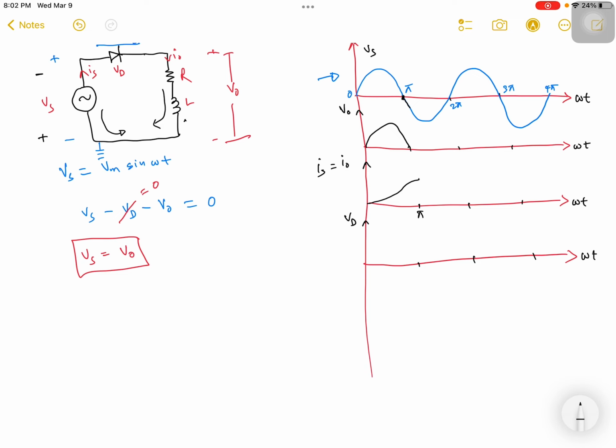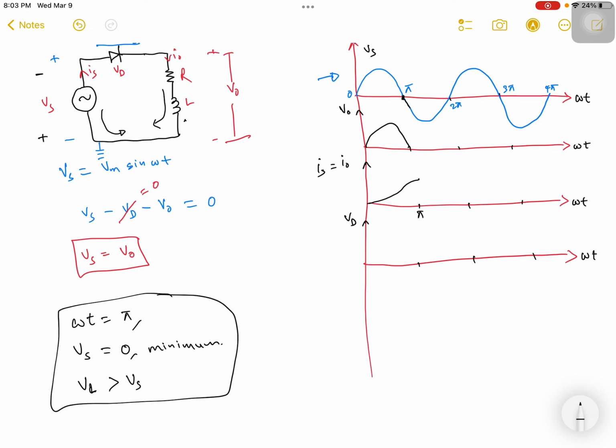Here I am saying that at the instant when omega t is equal to pi, your Vs will be equal to 0, or it will be minimum. So during that time your VL, the voltage at the inductor, will be greater than the Vs during this particular period of time.